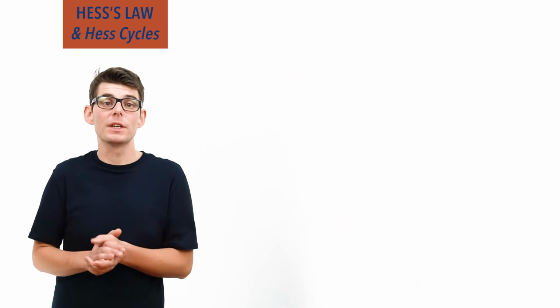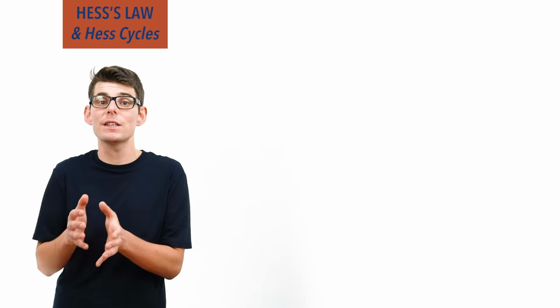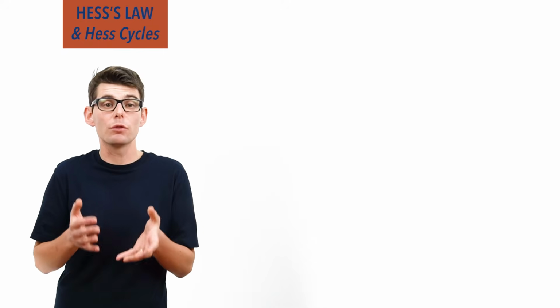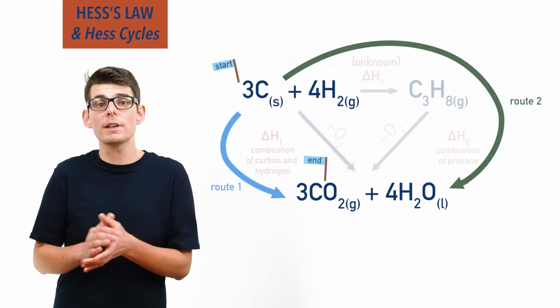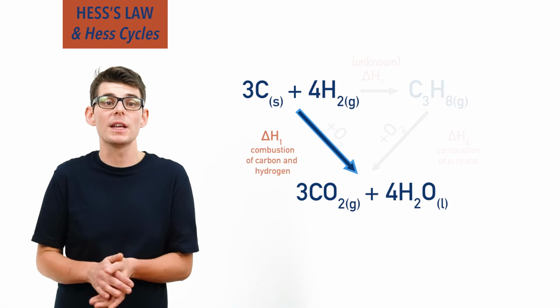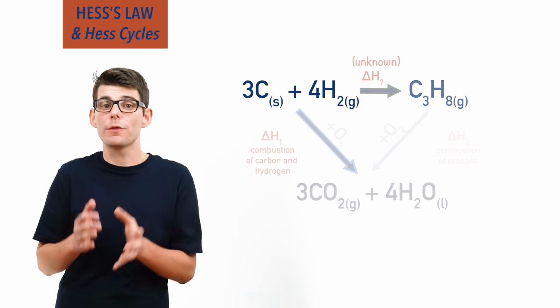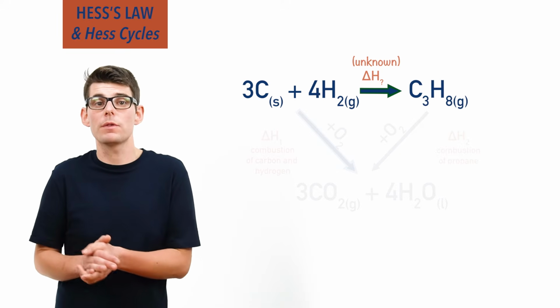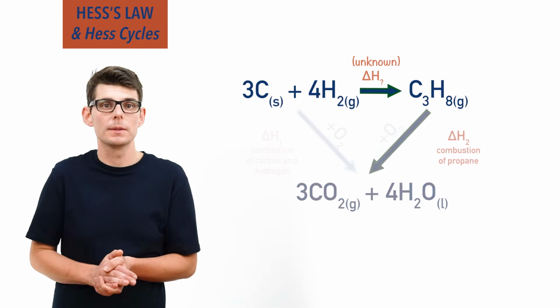So, mini recap. We found 2 possible routes for converting a set of reactants into products and drew this as a simple cycle. The first route was the direct combustion of 3 moles of carbon and 4 moles of hydrogen. The second route was the reaction of 3 moles of carbon and 4 moles of hydrogen to form 1 mole of propane that was then combusted.